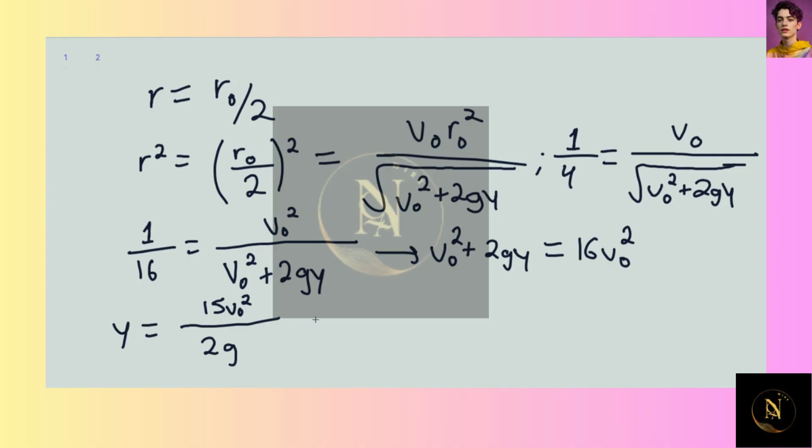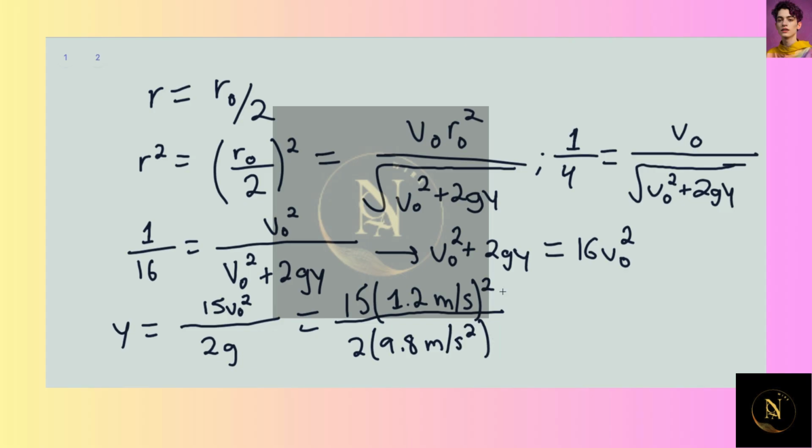So it's going to be 15 times 1.2 meters per second, squared, divided by 2 times 9.8 meters per second squared. If we plug this in, we see that it's going to be 1.1 meters.